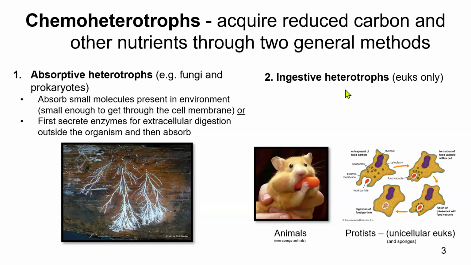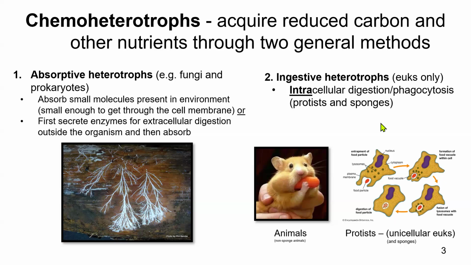Ingestive heterotrophy is basically taking things into your body and then breaking them down. In some cases, unicellular eukaryotes like protists can do phagocytosis, so bring a big chunk of food in and break it down once it's inside of their cell.